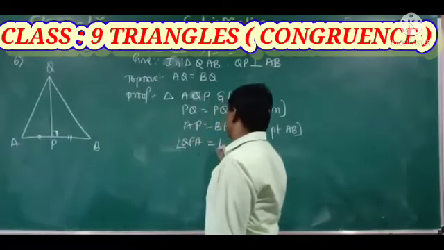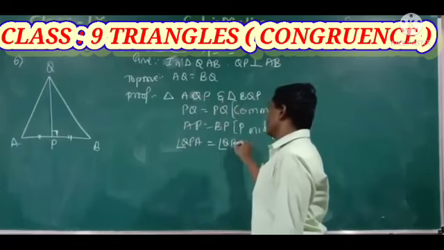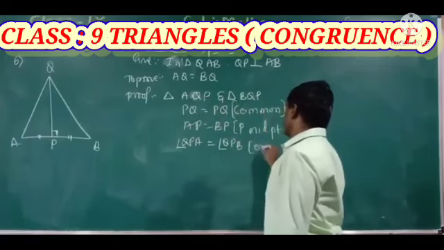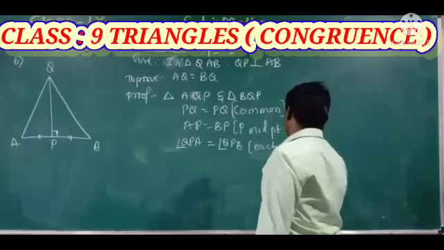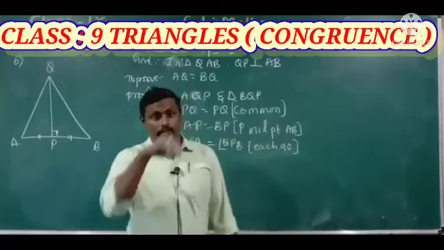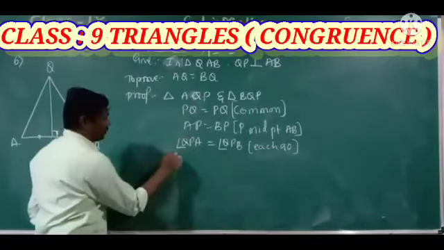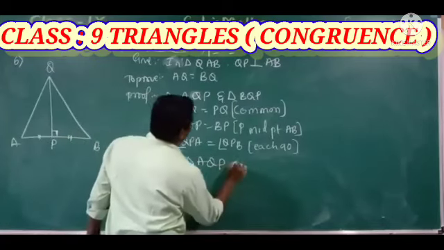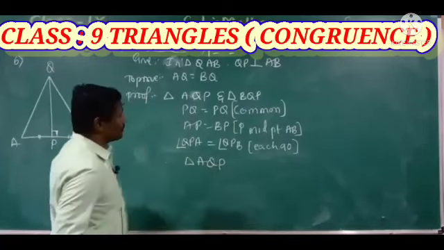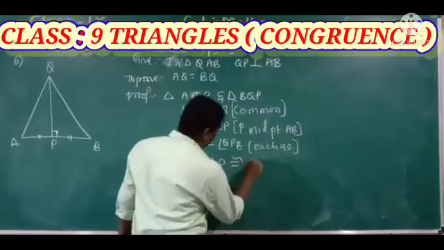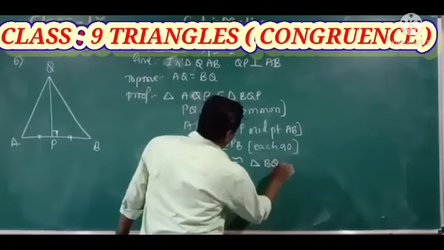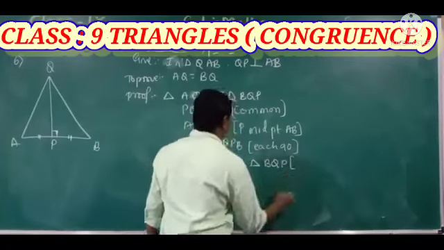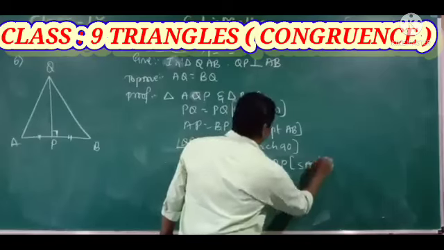Next, angle QPA is equal to angle QPB. Each angle is 90 degrees. Therefore, triangle AQP is congruent to triangle BQP by using the SAS criteria.